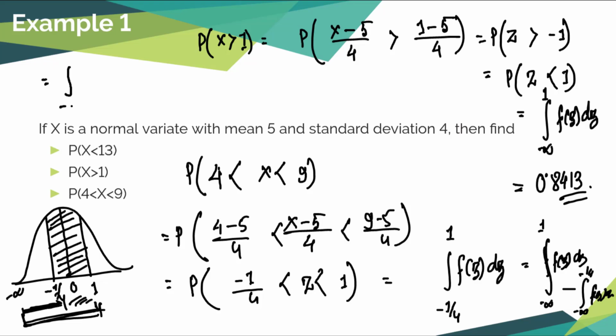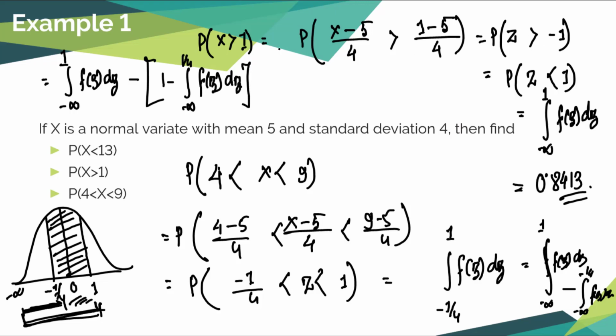So we get the integration from minus infinity to 1 of f(z) dz minus [1 minus the integration from minus infinity to 1 by 4 of f(z) dz]. We are using the property that negative can be transformed to positive.